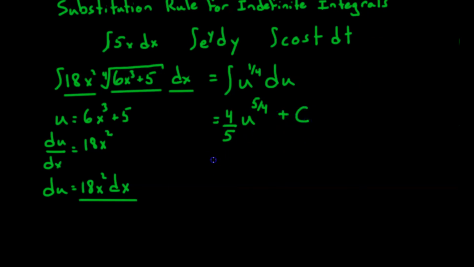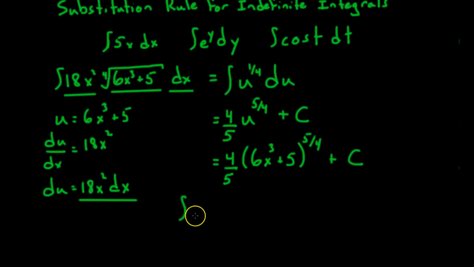Now if I simply replace u back with what it is, we get 4/5 all times u, which is 6x cubed plus 5 to the power of 5/4 plus our constant c. So that's the substitution rule. Written out formally, it looks like this.